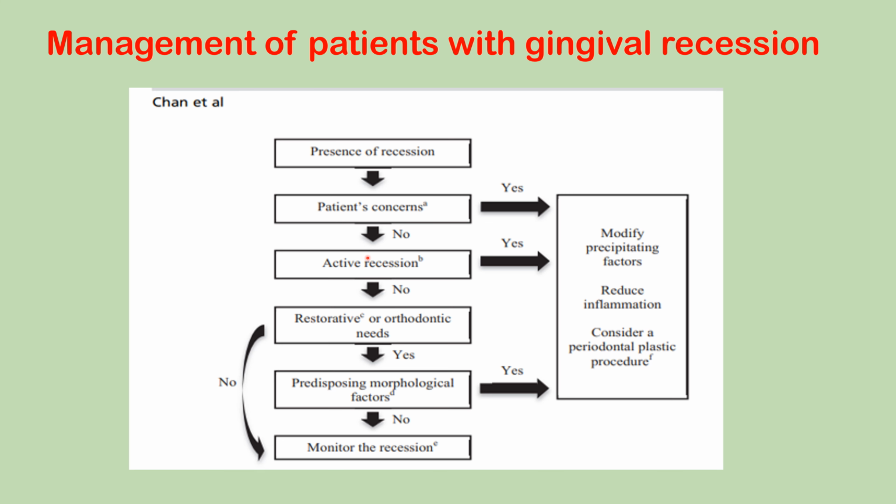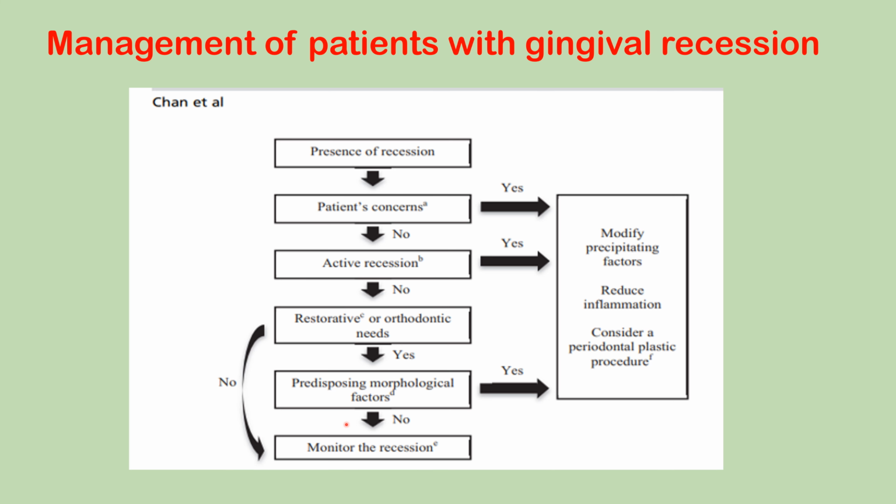Then if active recession is not there, we will look for restorative or orthodontic needs. If these needs are present, we will look for predisposing morphological factors, which may include inadequate keratinized mucosa, frenum pull, or thin tissue type, which might increase the risk of future recession. If these morphologic factors are absent, we will monitor the recession.